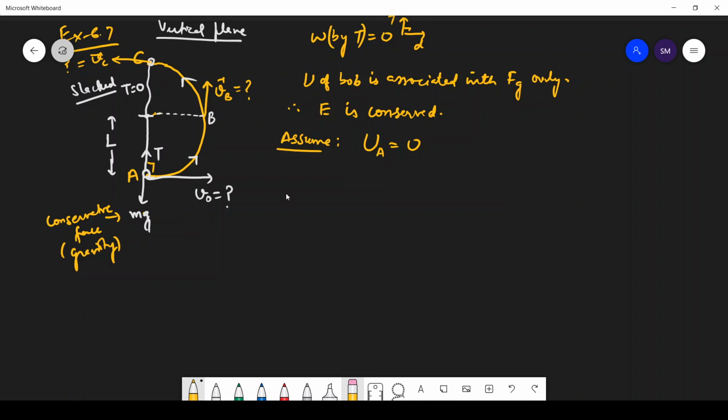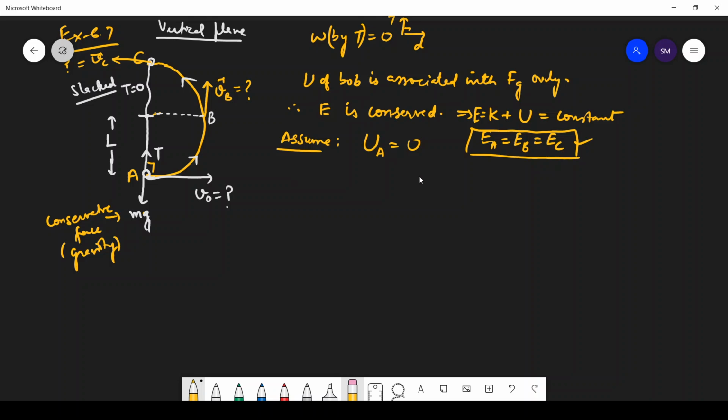Now, mechanical energy, you know that it's kinetic energy plus potential energy, that is conserved, that is constant, that is E. So E at A is equal to E at B is equal to E at C. So this is given to us, right? So we have to use this thing. Now what is the E of A?